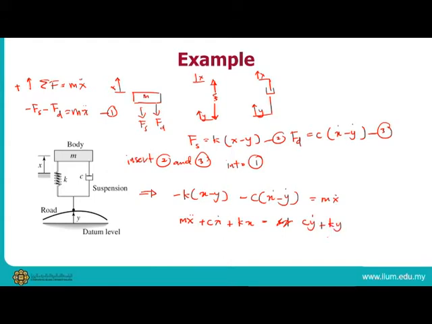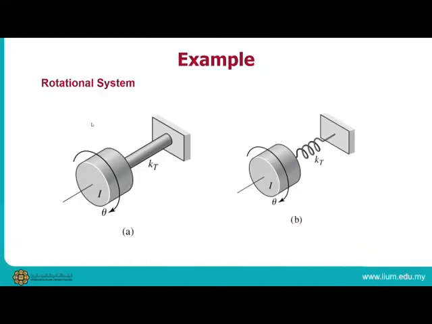So basically this is what we call the transfer function for this system, or you can call it the mathematical model for the suspension system of a car. All right.